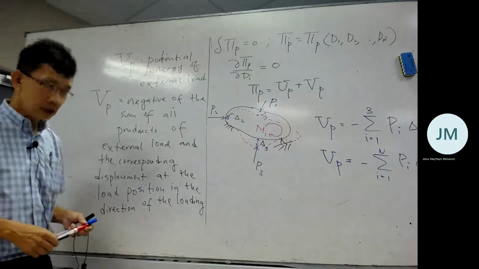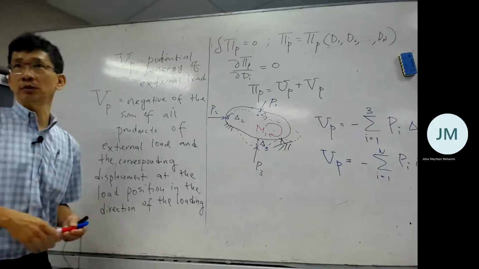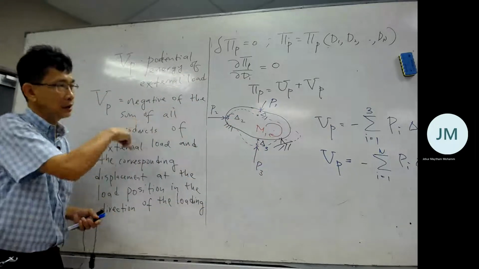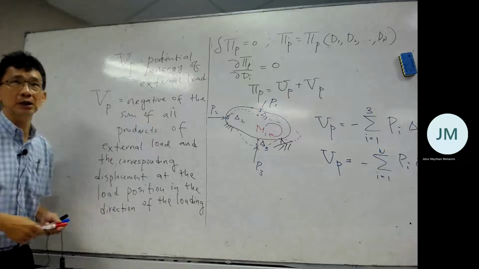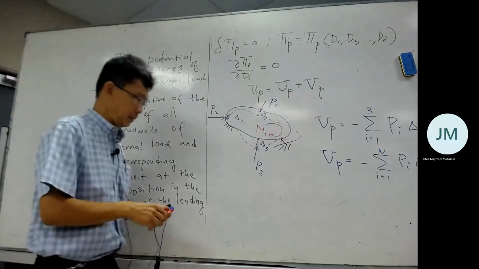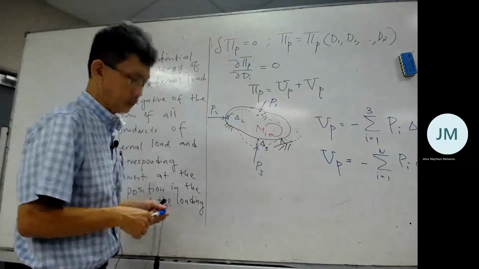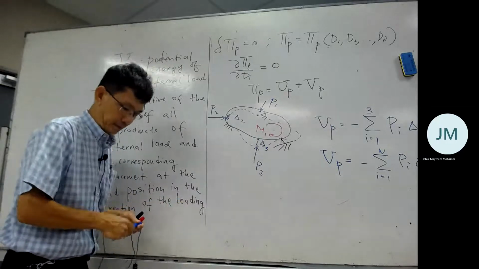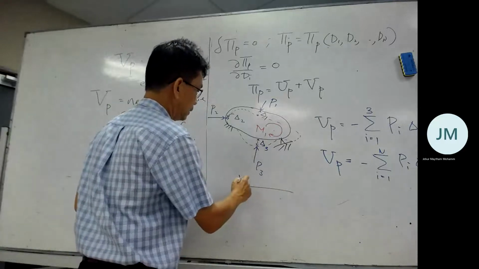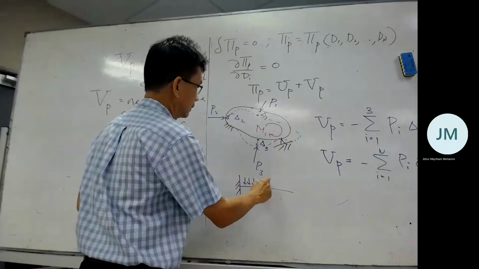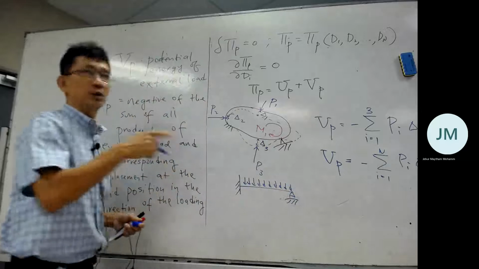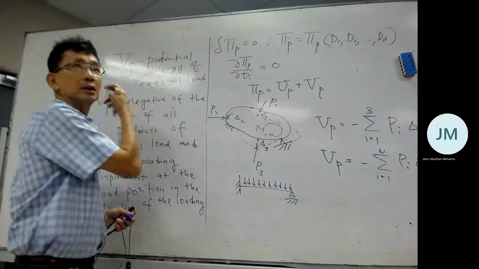Now, this is all point load, so it is easy to evaluate according to this. If you have distributed load, for example, if there is a beam example and you have distributed load, this is distributed load, this is point load.